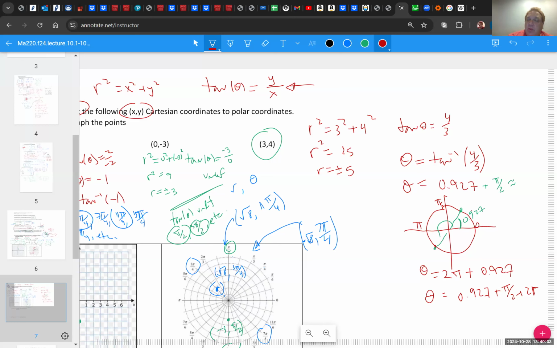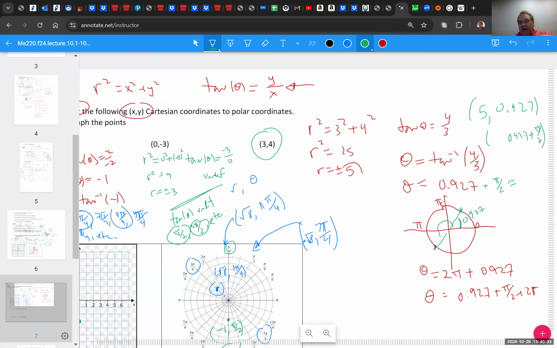If we're doing the 0.927 and we want to reach 3 comma 4, we need the positive r value. So that will give us a positive 5 and a positive 0.927. If you're doing the 0.927 plus pi over 2 version, which is your angle in the third quadrant, then a positive r value would keep going more and more in the third quadrant.